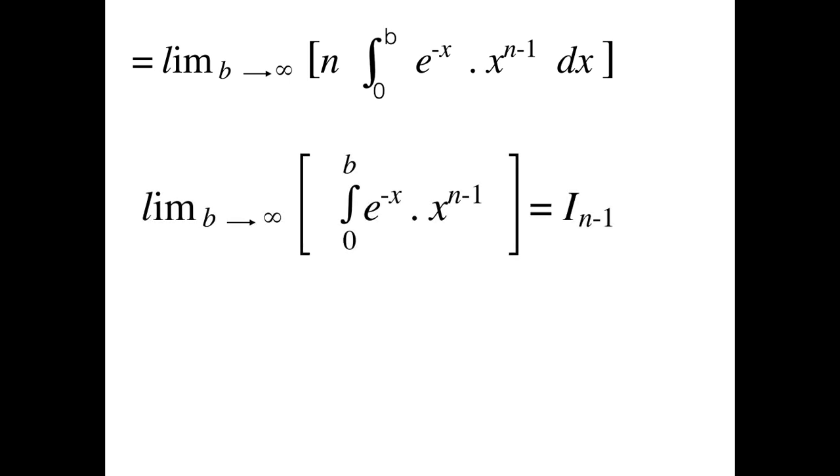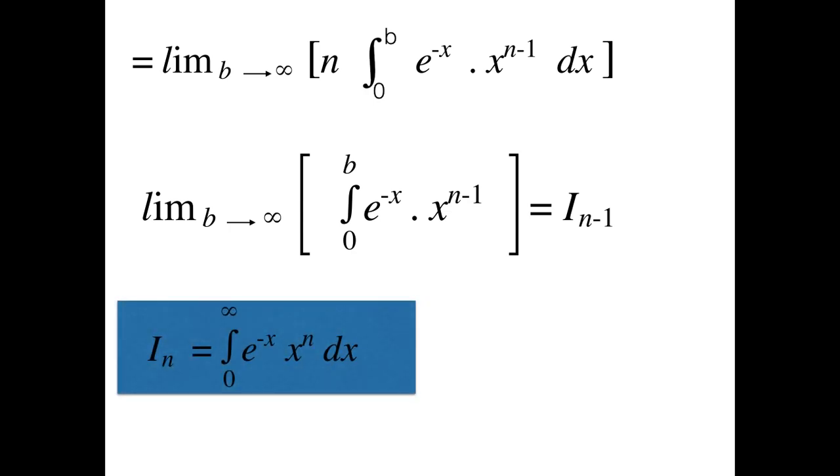Limit b tends to infinity, integral from 0 to b of e to the power minus x, x to the power n minus 1, which is equal to I n minus 1. Now look at the power of x. It's n minus 1, right? So in the place of n, we substituted n minus 1 because we had that power.